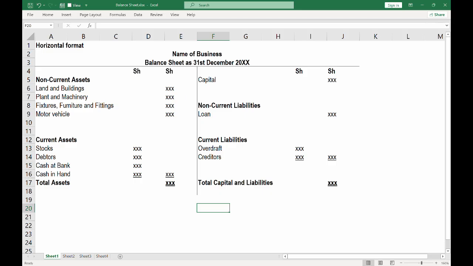So for the assets, we have things like cash, accounts receivable, prepaid expense, vehicles, buildings, goodwill, copyrights, patents, all that. For liability, we know it is the amount of money owed to another person or organization.